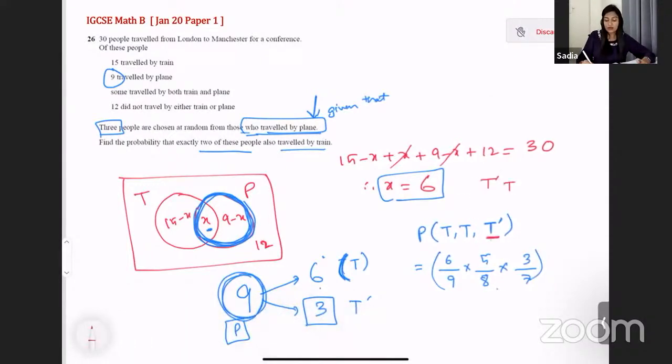It can be T prime T T, or T T prime T. So the position of this prime, the sequence is not mentioned. So that's why we have 3 different sequences here. You can place T prime at the very first position, second position, or third position. So instead of solving this thrice, I can just multiply a 3 with this entire thing.